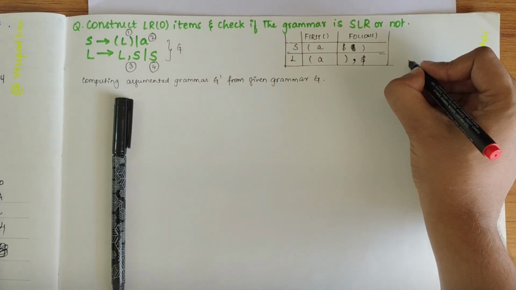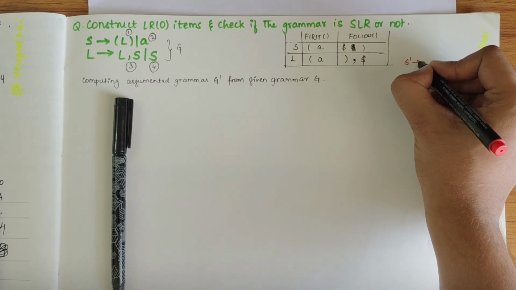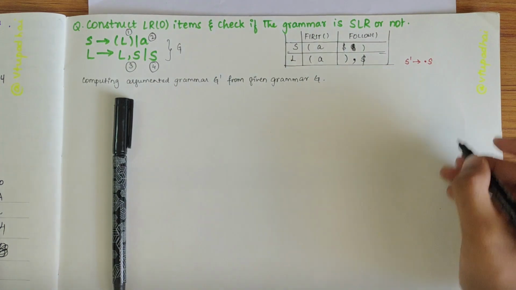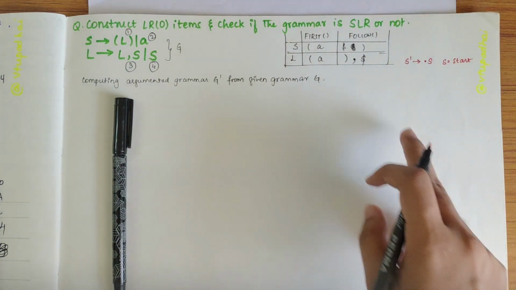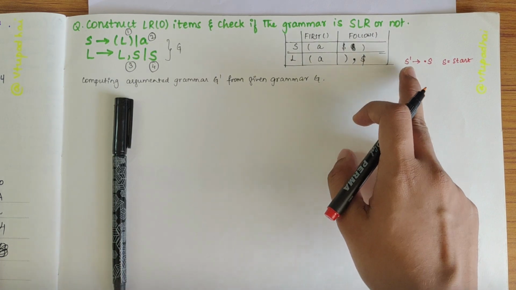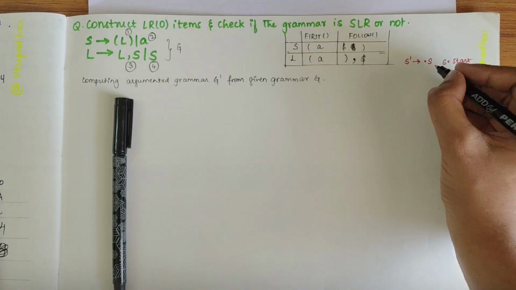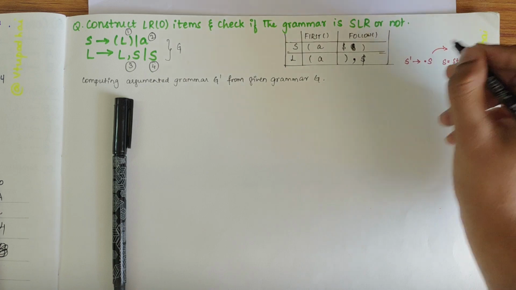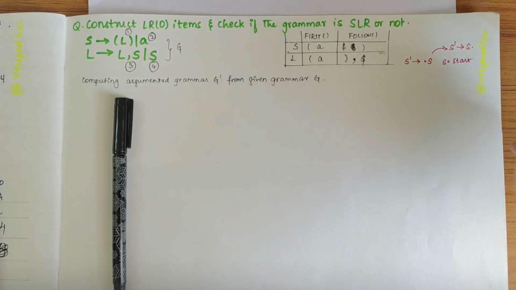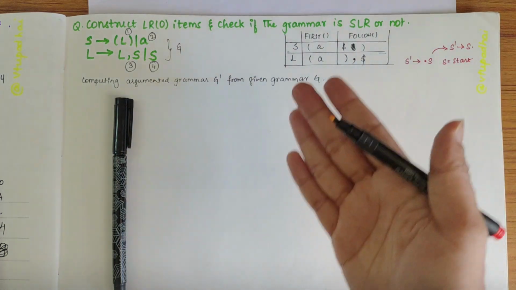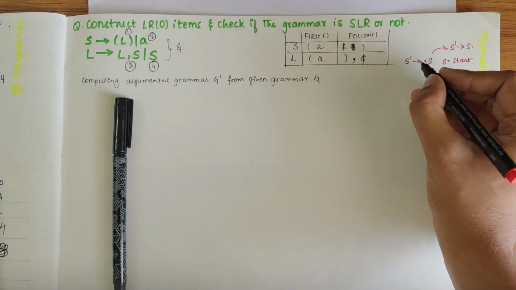The first one is S dash derives dot S, where S should be the start symbol. I should start from this production, and my aim is to obtain the state where the dot is shifted to the rightmost side.